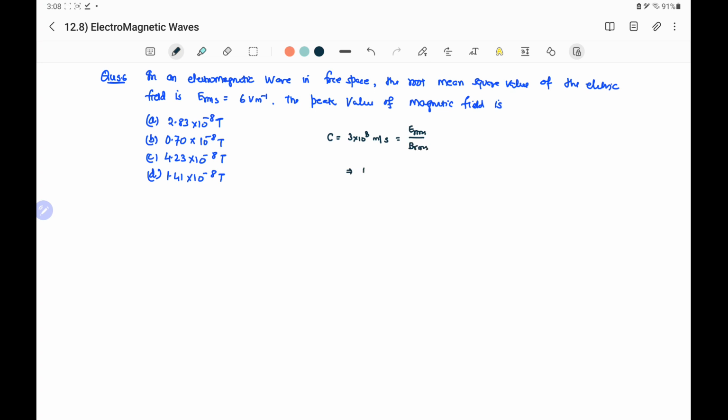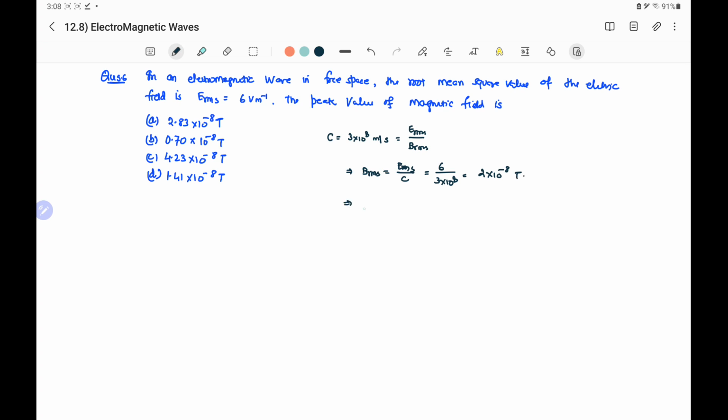So we can write that the root mean square value of magnetic field will be equal to the RMS value of electric field divided by C, and substituting the value, it is 6 by 3 into 10 to the power 8, that is equal to 2 into 10 to the power minus 8 Tesla.